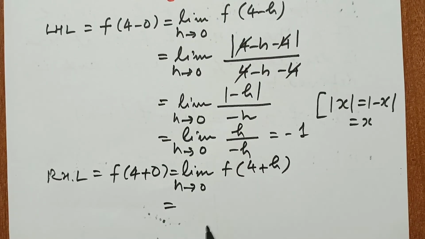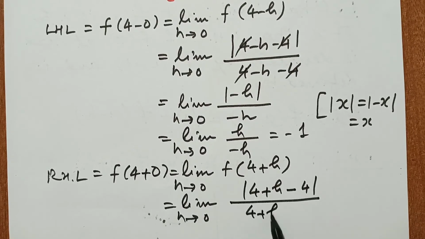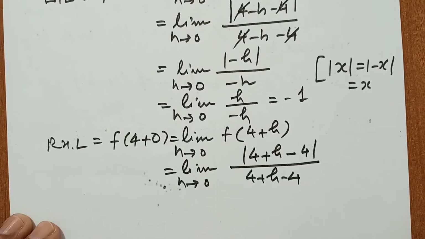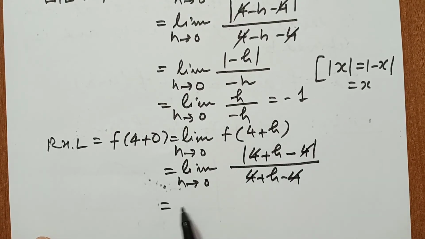So limit h tends to 0 mod of (4 plus h minus 4) upon (4 plus h minus 4). Here the 4 cancels, so this is equal to limit h tends to 0.